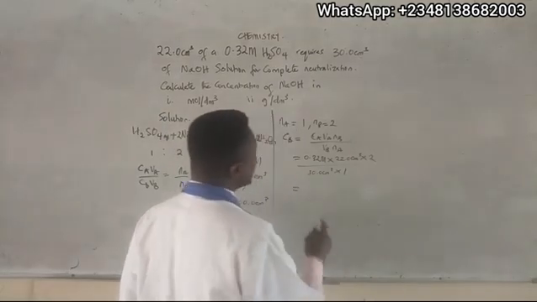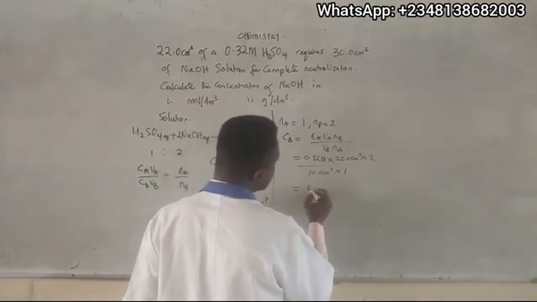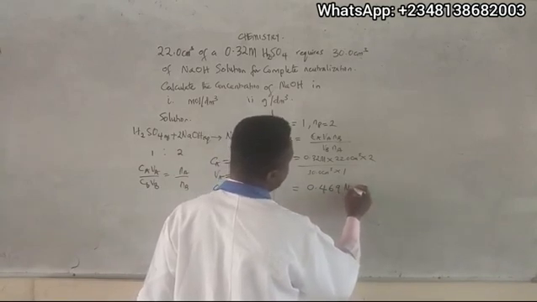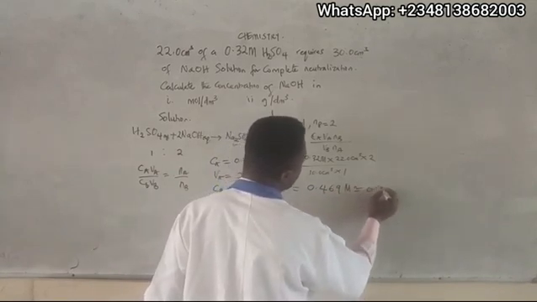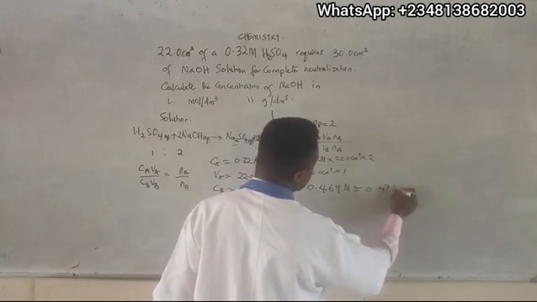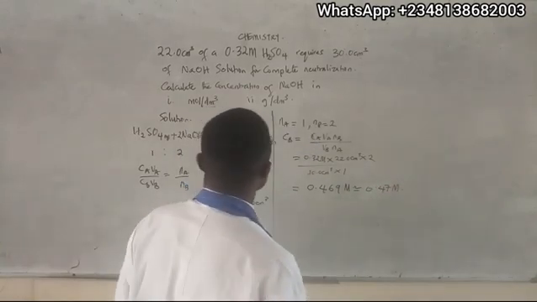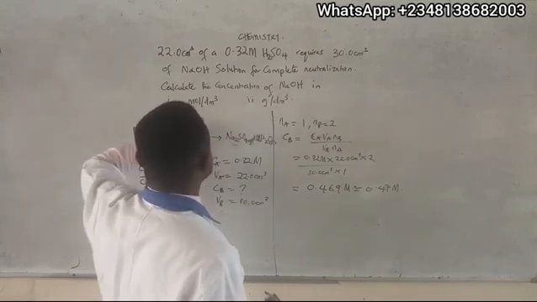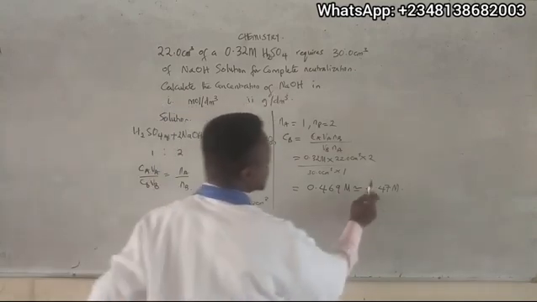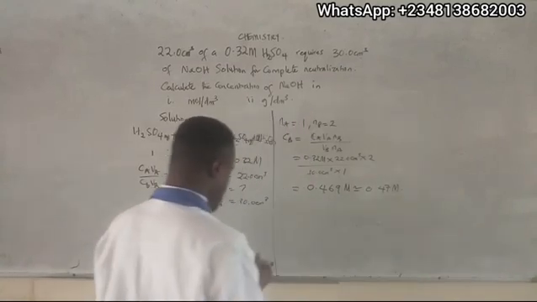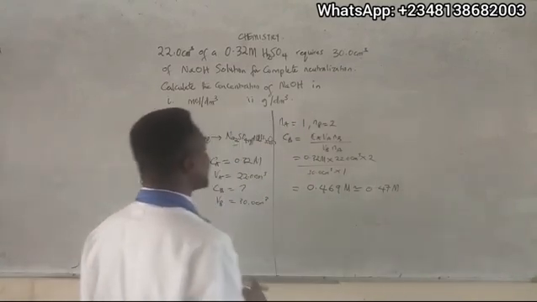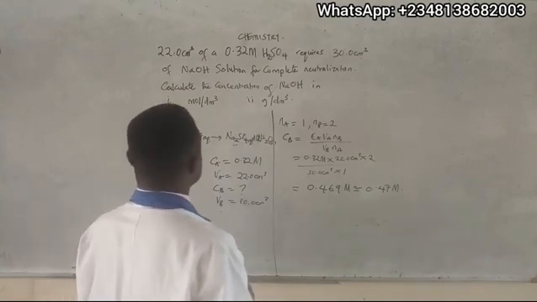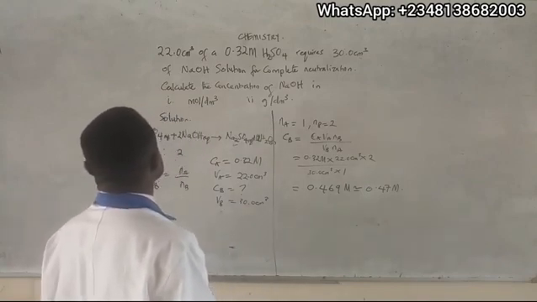Without wasting our time, if we punch this, it will give us 0.469 M, which is approximately 0.47 M. So the concentration of sodium hydroxide is 0.47 mole per dm³. We've gotten the first answer.